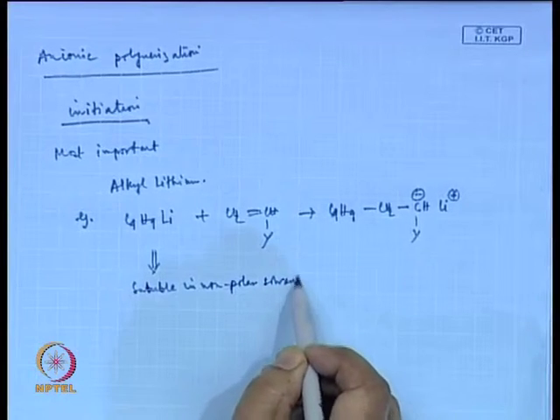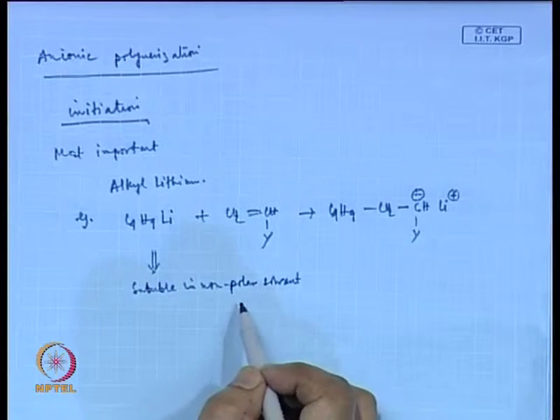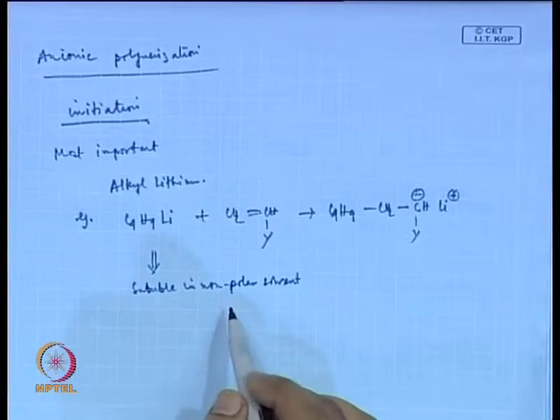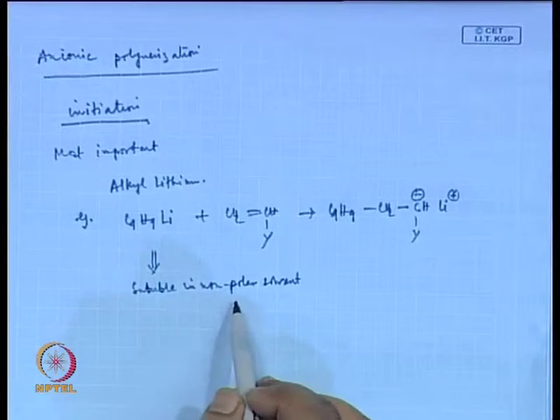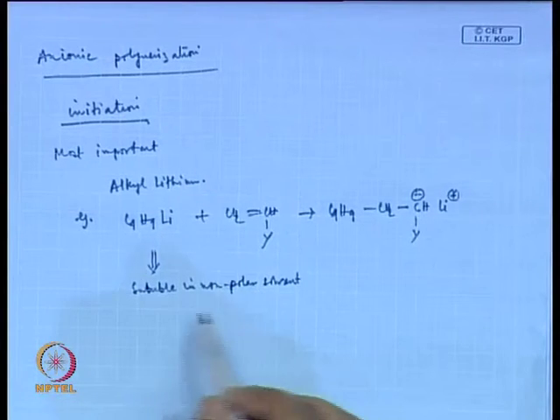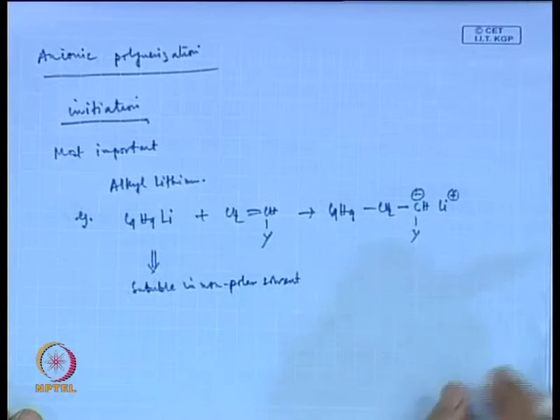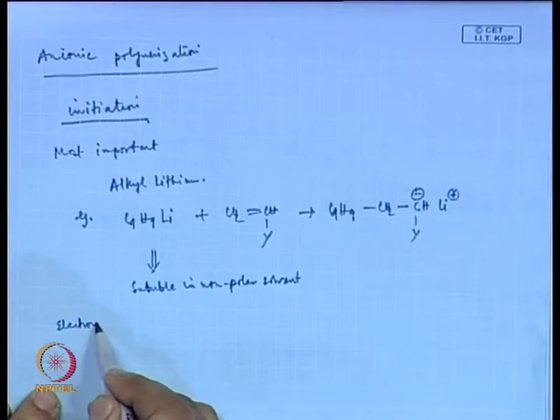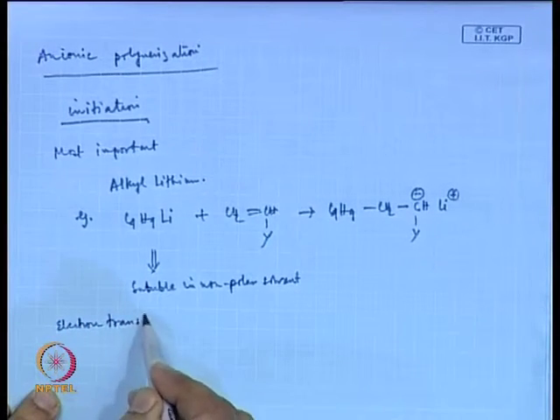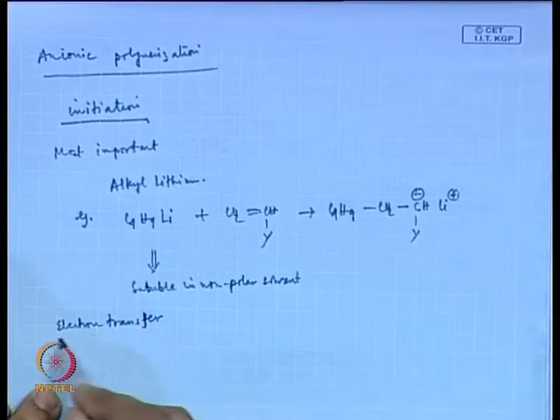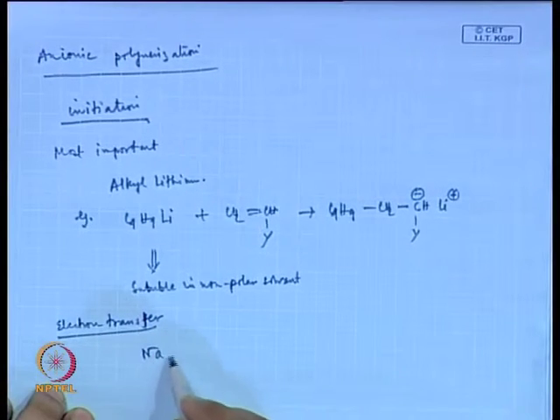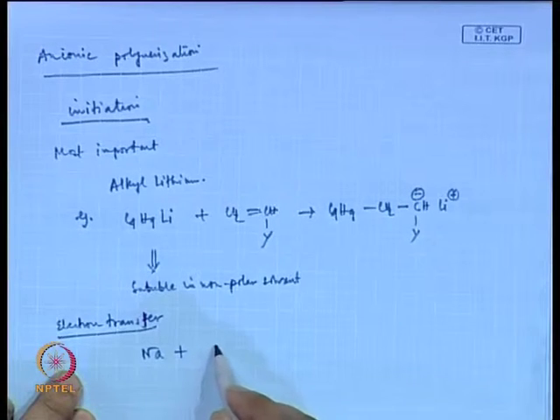As we have discussed earlier, anionic polymerizations are typically done in aliphatic hydrocarbons or aromatic hydrocarbons. Another initiation is possible by electron transfer, for example, the reaction between sodium and naphthalene.